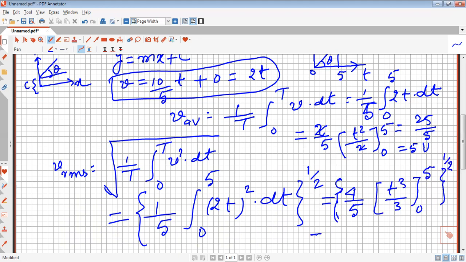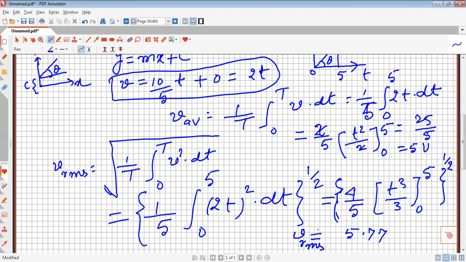So after solving, putting the value 5 in place of t, we finally get, you can solve and check it, the value coming is 10 by root 3, and that value is equal to 5.77. So this is our VRMS.